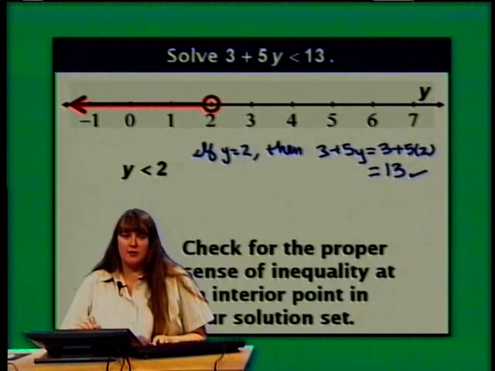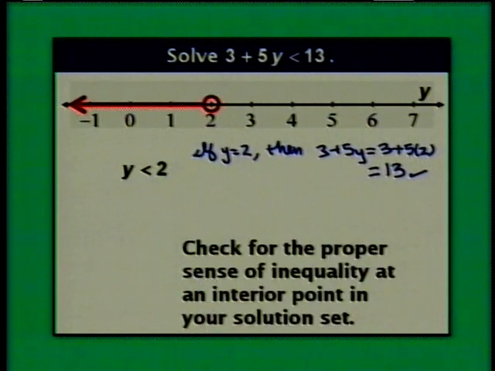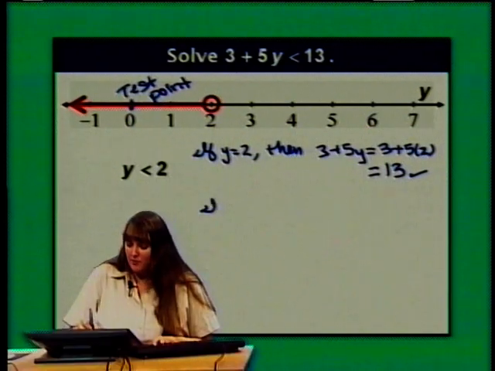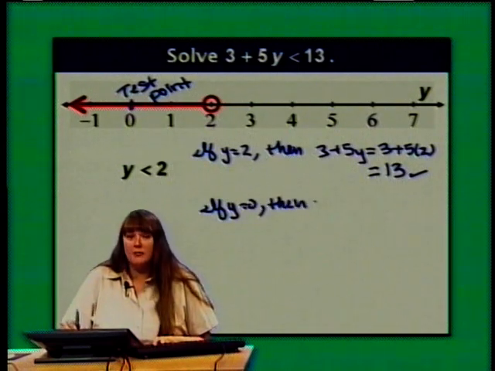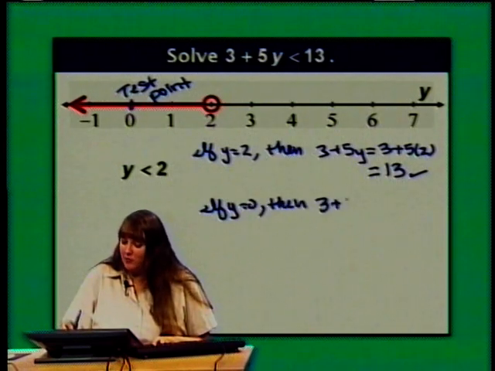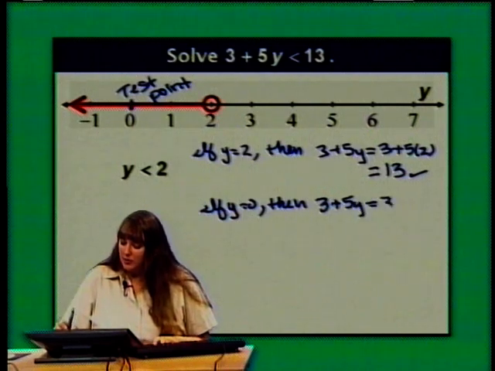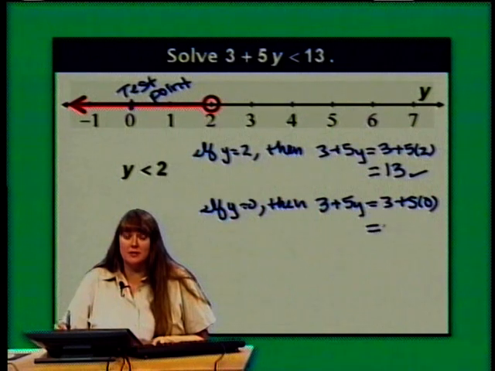Now I need to check for the proper sense of the inequality at an interior point in my solution set. I have 0 as an interior point in my solution set again, so I'm going to pick y equals 0 as my easy test point. So if y equals 0, then my variable expression 3 plus 5y would be 3 plus 5 times 0. 5 times 0 is 0.